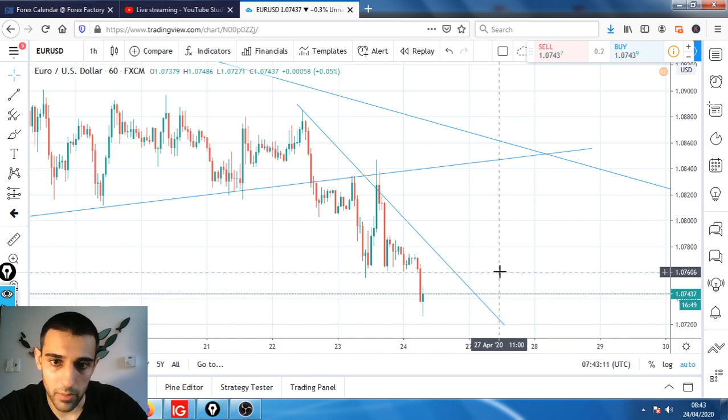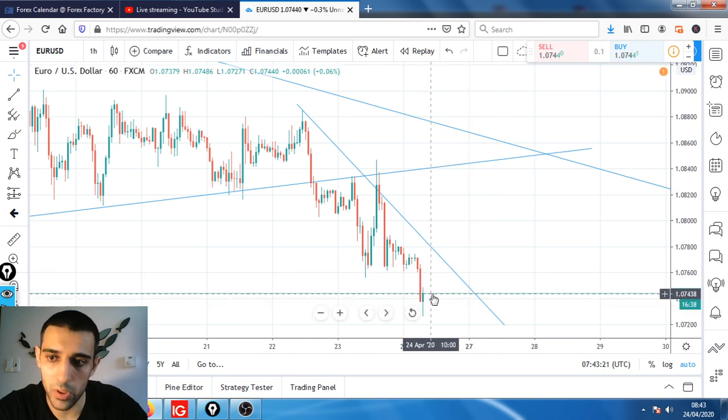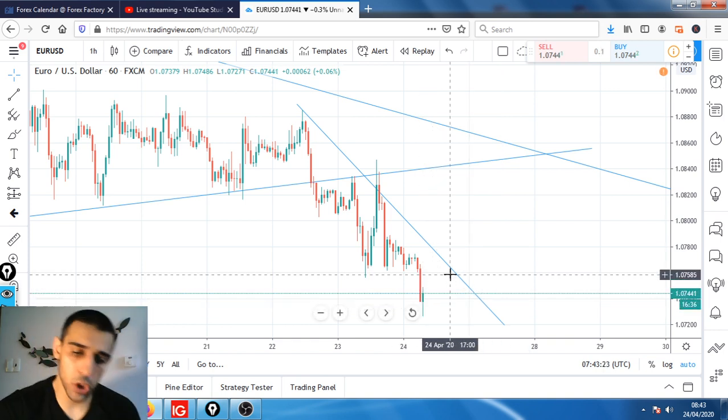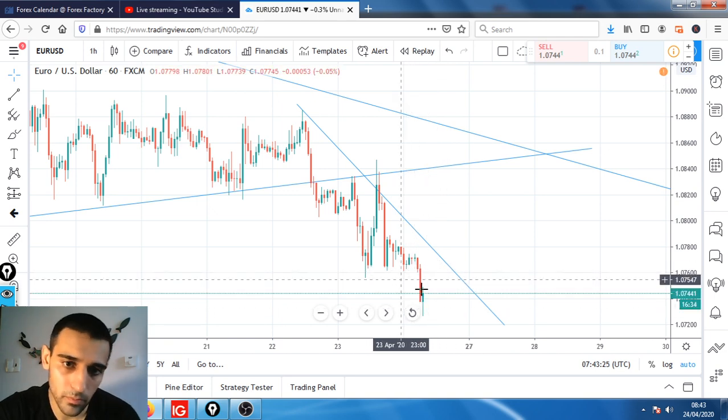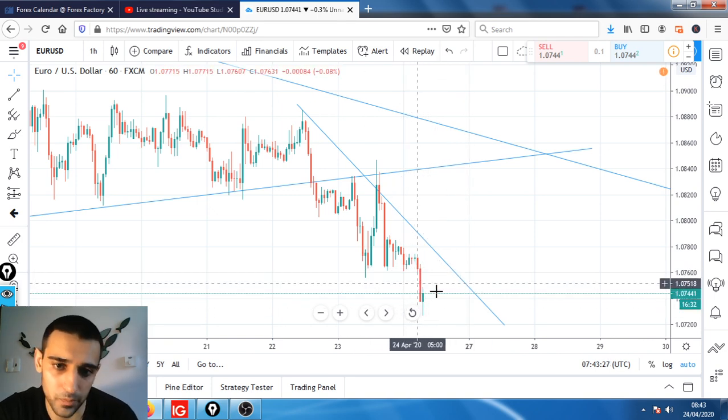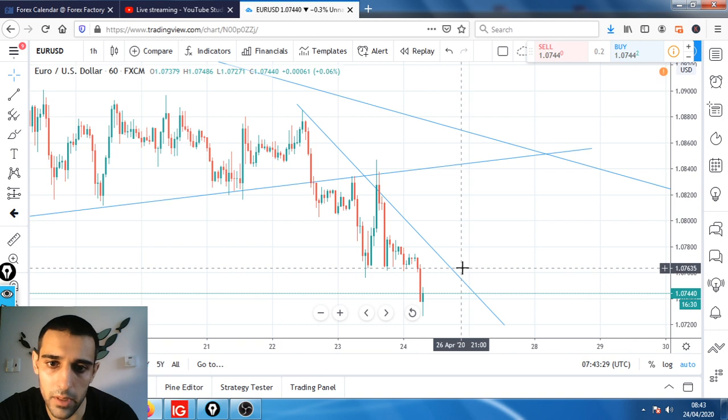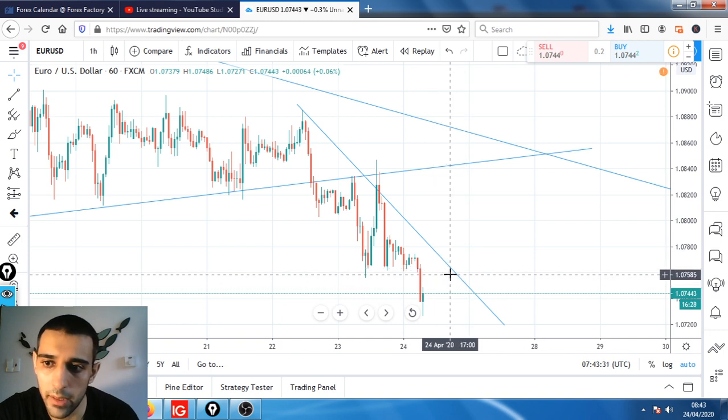I would give it a maximum 60, so the price is not that far away. However, it has to do it in the next 2 candles. After this one is closed, I do want to give it 2 more candles. When the price comes up, then we're gonna use that to get onto the short side.